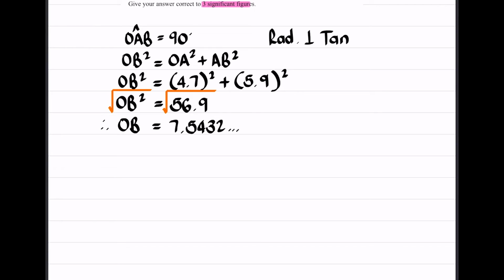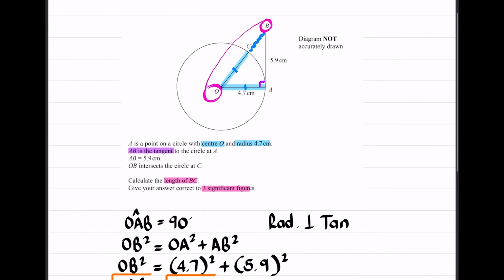But the question is, however, asking us for just BC. So now I have the whole length of OB, which is 7.54, etc. But I know that this part, OC, is equal to this part, OA, because they are both radii.